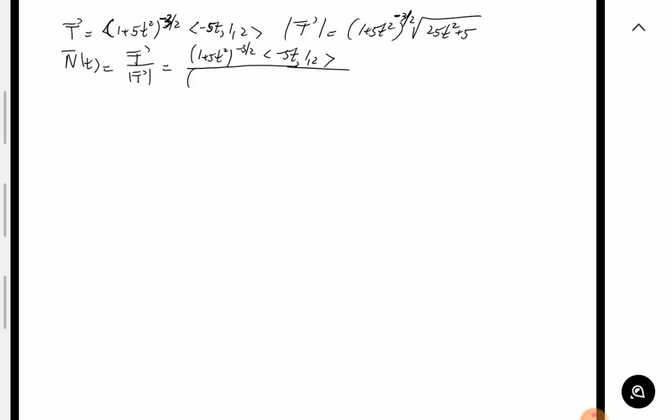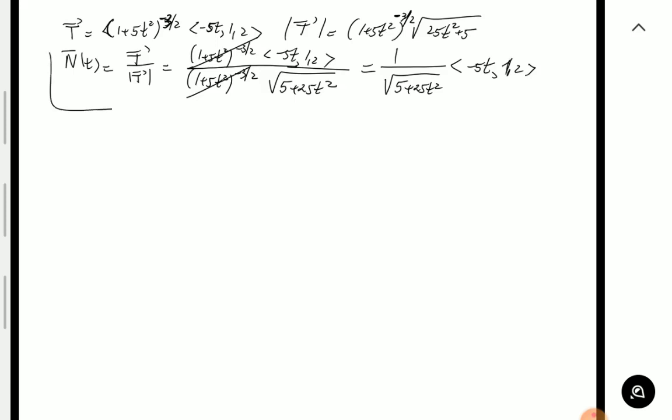All right, this guy actually cancels. Square root of 5 plus 25t squared. Anyway, the scalar that I kept out, now they cancel, so therefore the unit normal is 1 over the square root of 5 plus 25t squared, scalar multiple with minus 5t, 1 and 2. You can actually check to see that its magnitude is indeed 1 as expected.